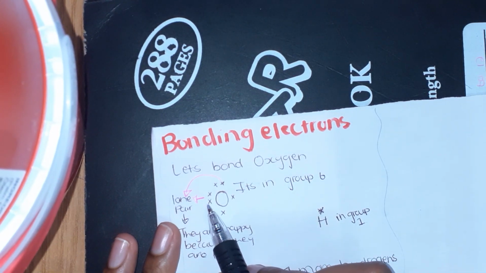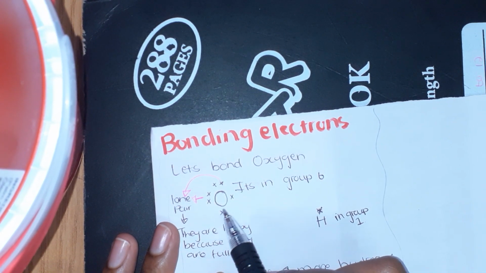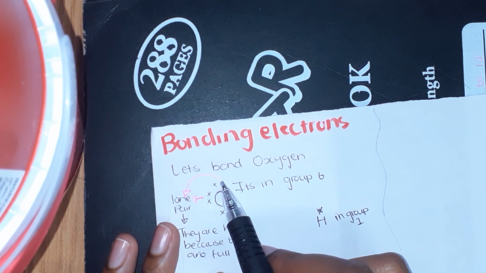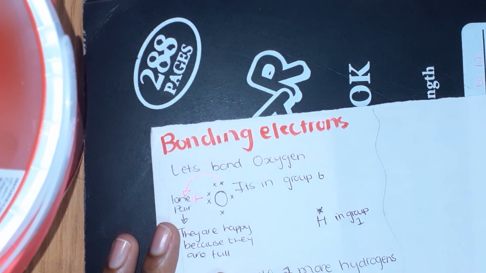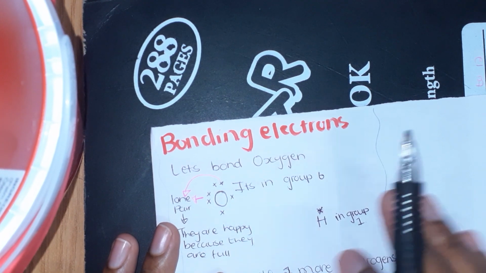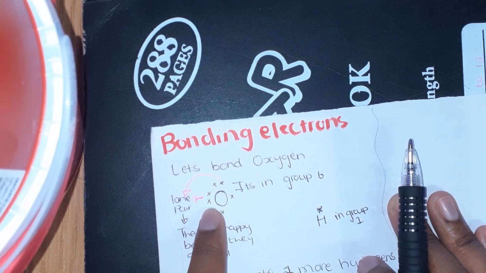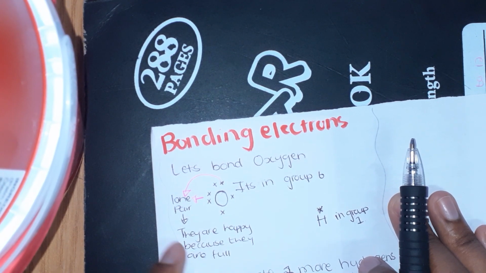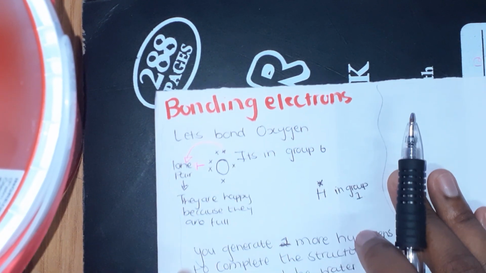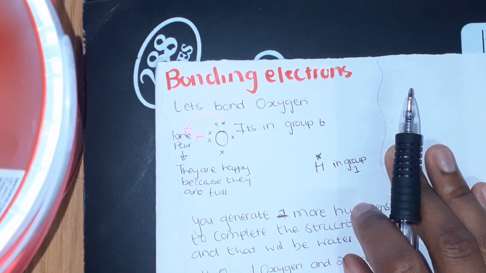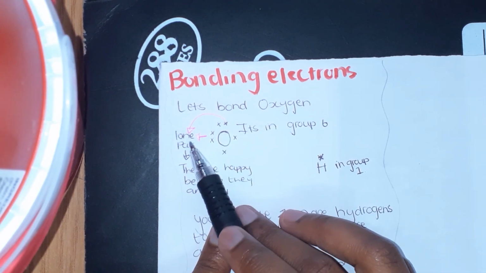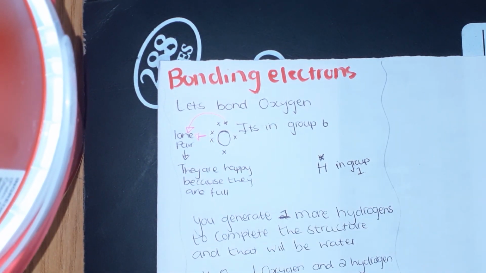When we are doing these valency electrons, this part and this part are full. They have 2 and 2. That's what you want to have when you are bonding. You want this oxygen to have 2 here and 2 this side. Those are lone pairs, meaning they are happy because they are full.